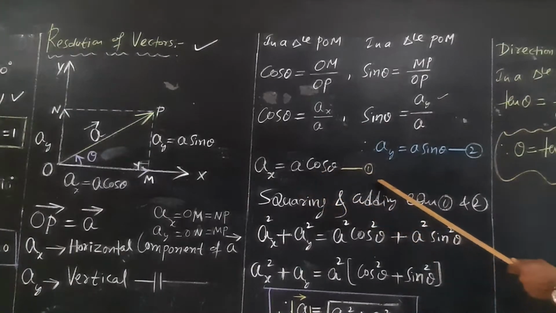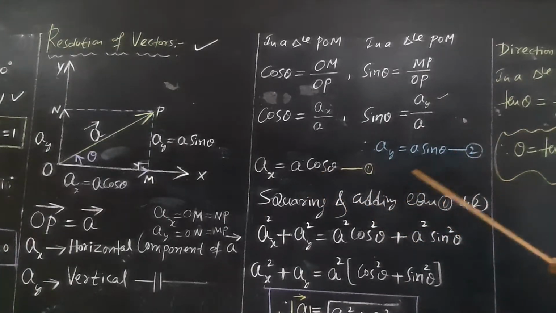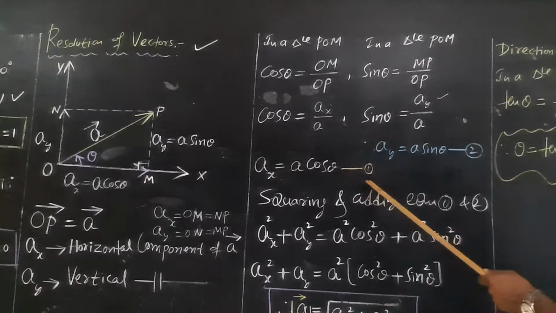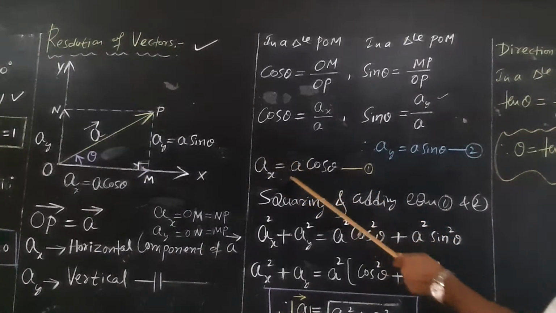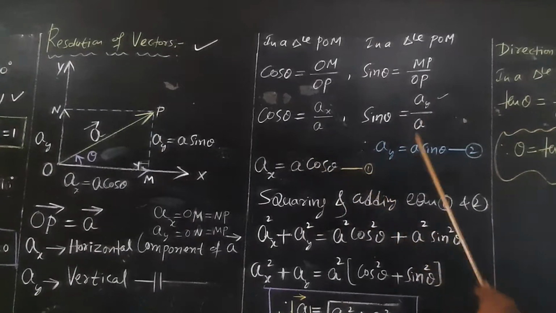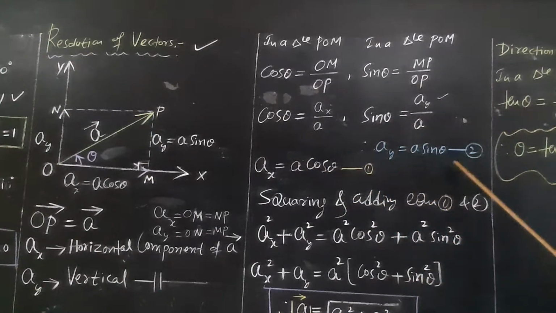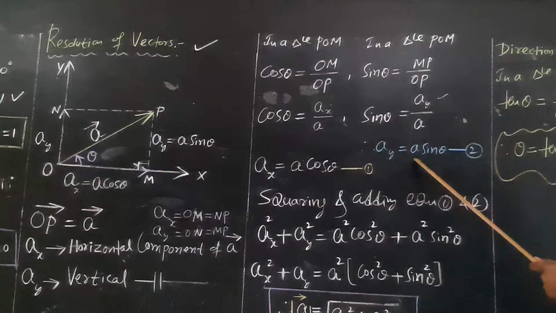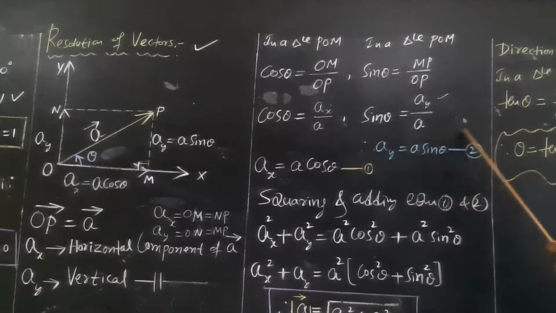Squaring and adding equations 1 and 2. First, squaring AX: AX whole square is A cos theta whole square, which can be written as A square cos square theta. Squaring equation 2: AY square is A sin theta whole square, which can be written as A square sin square theta.